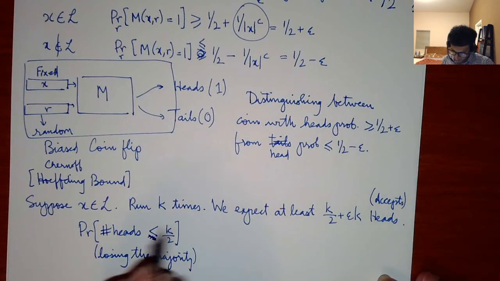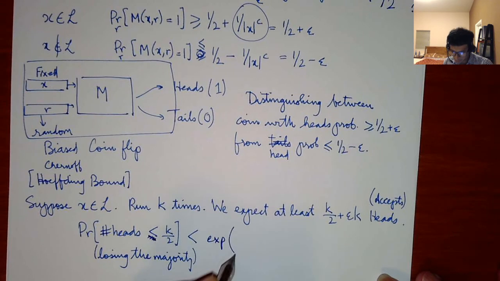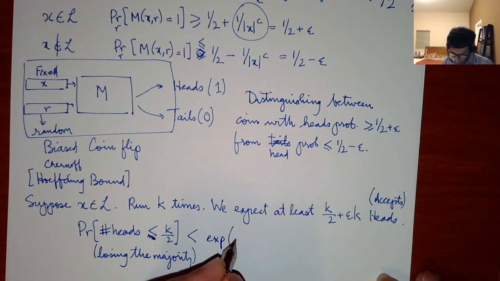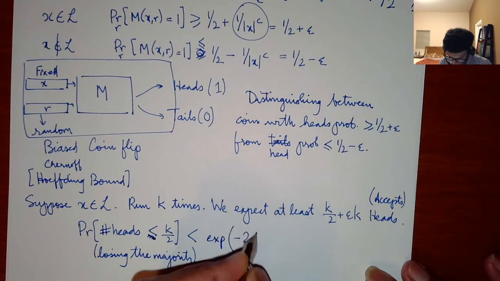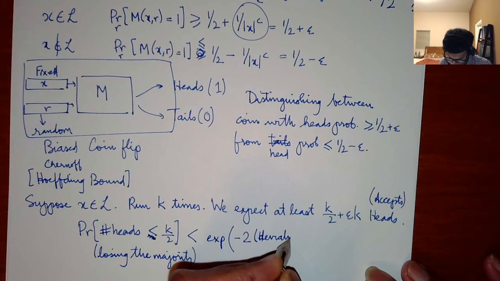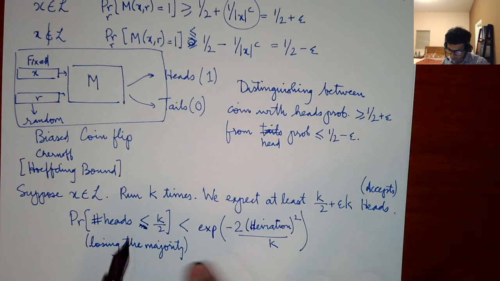And the Hoeffding bound tells you that this is going to be exponential in minus 2 times the deviation squared divided by k. So what is this saying? Look at the deviation from the expectation.